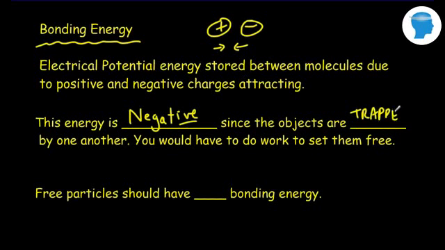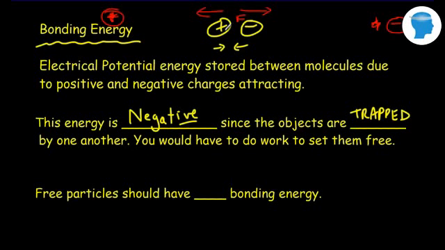In other words, if I wanted to set those two molecules free, I'm going to have to apply some forces and do some work to separate those charges so that they're free of each other. When they're free of each other and not interacting, that should be zero potential energy, zero bonding energy.